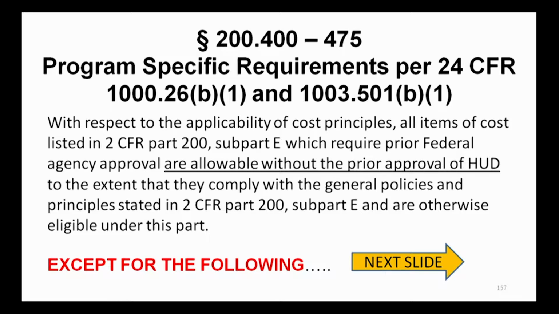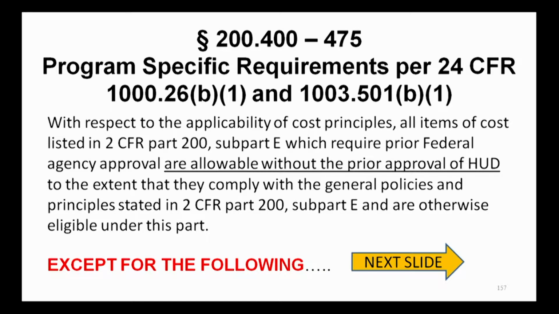This is the same language we had before. To the extent, and that's what you need to underline if you want to underline that in your text, to the extent that they comply with the general policies and principles stated in 2 CFR Part 200, subpart E. So that's what we're going to cover next, what are those general policies and principles that we have to comply with for the cost to be determined allowable.